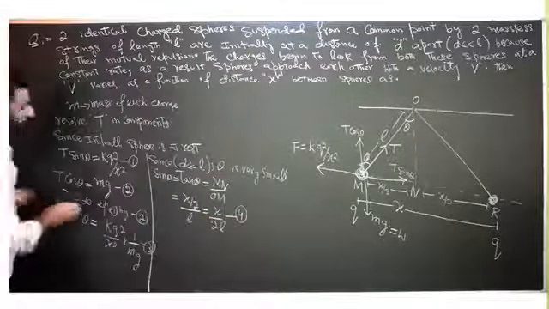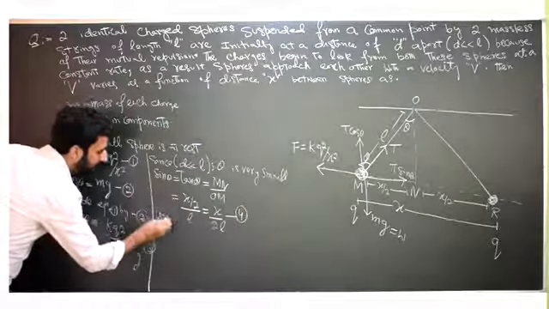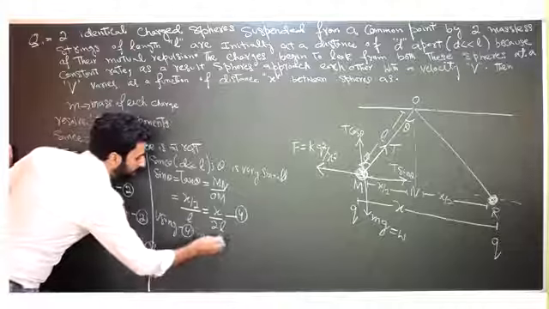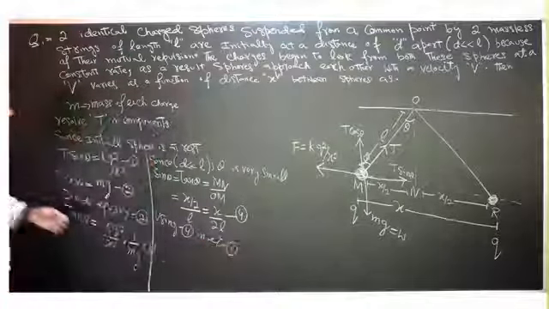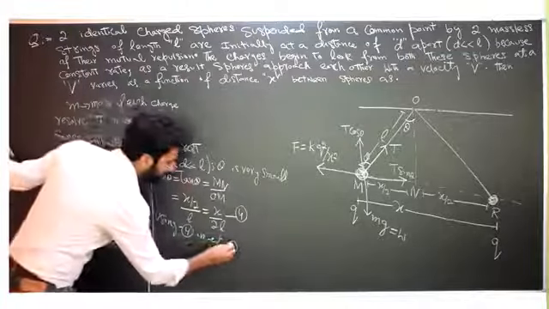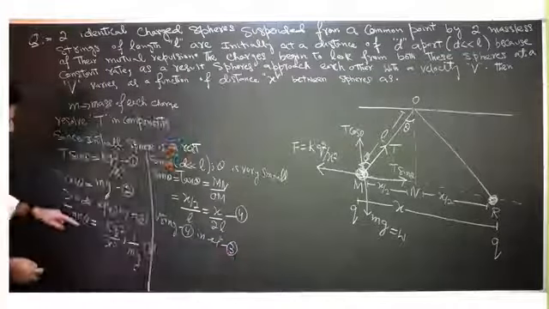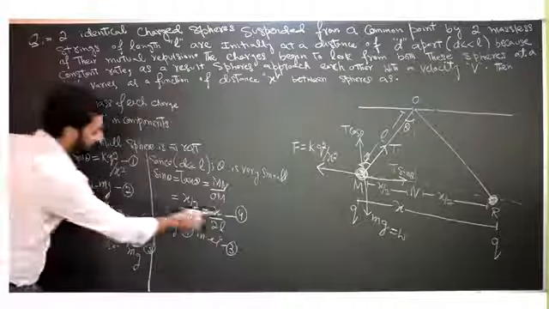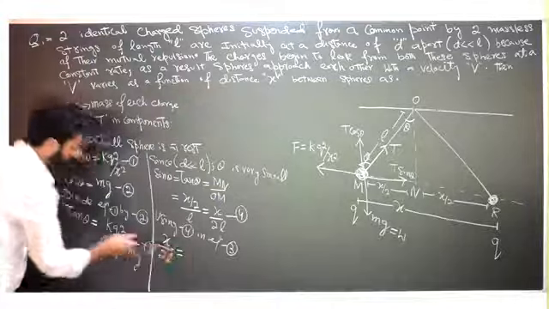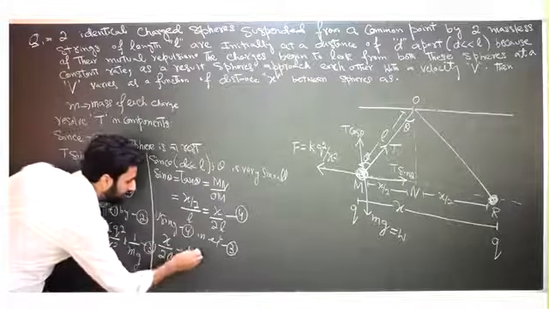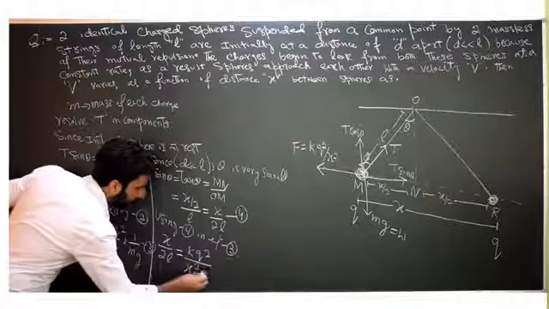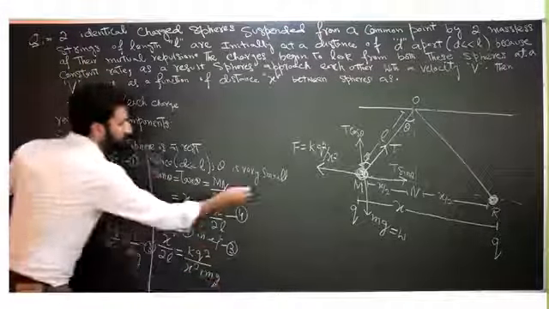So using equation 4 in equation 3, in place of tan theta I'll be writing x by 2L. This is equal to k q square by x square into mg.